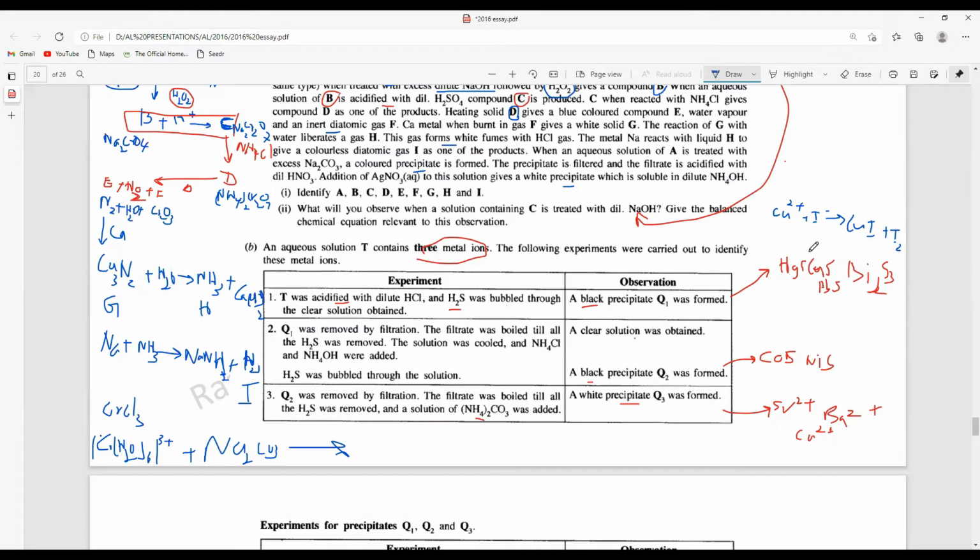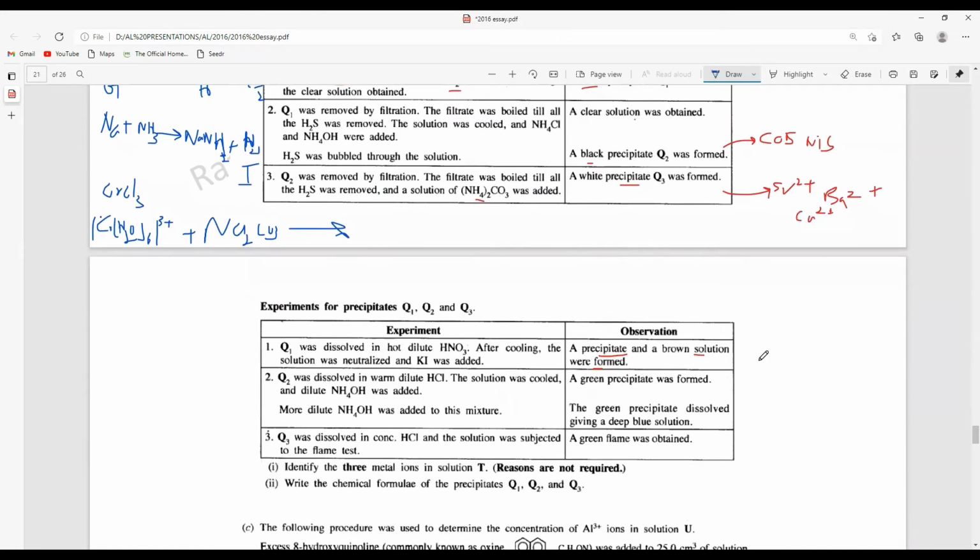This is our precipitation. So don't forget, copper is reduced, I minus is oxidized to I2, but since CuI is a precipitate, we will observe this precipitate as well. So we confirm here it should be copper 2+.